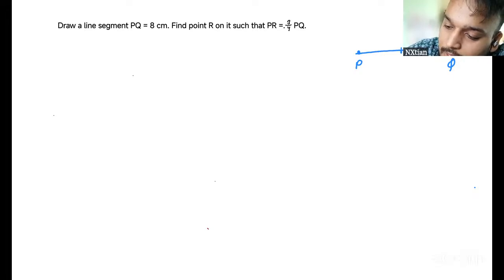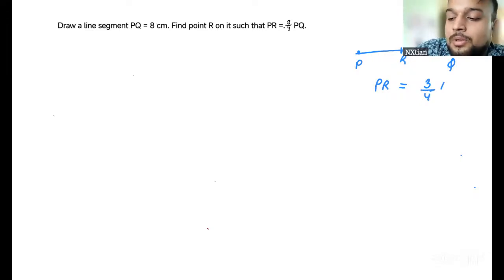And it is given that PR is equal to 3 by 4 of PQ. Now, every time we get a ratio, the ratio is in this form, like PR is to RQ. So first of all, the ratio is not correctly given, so we have to arrange this.